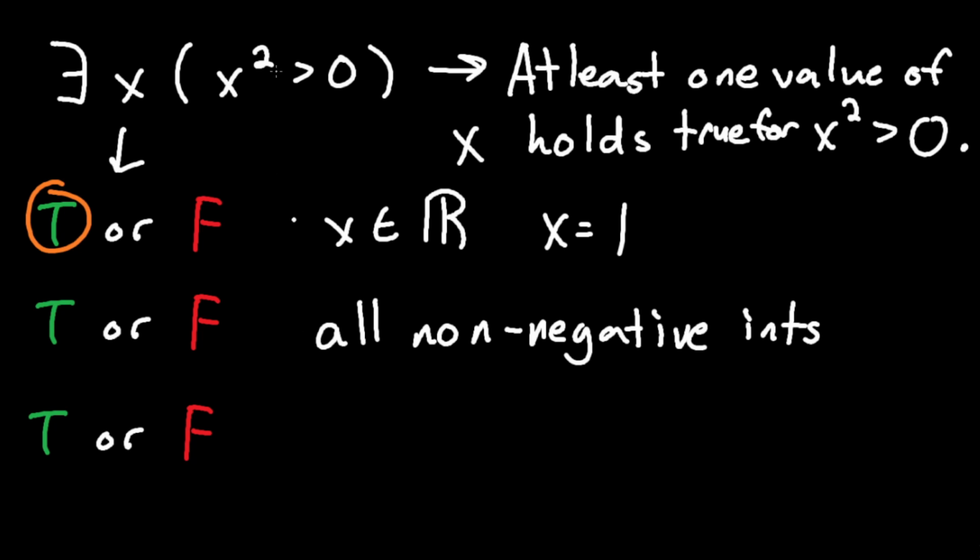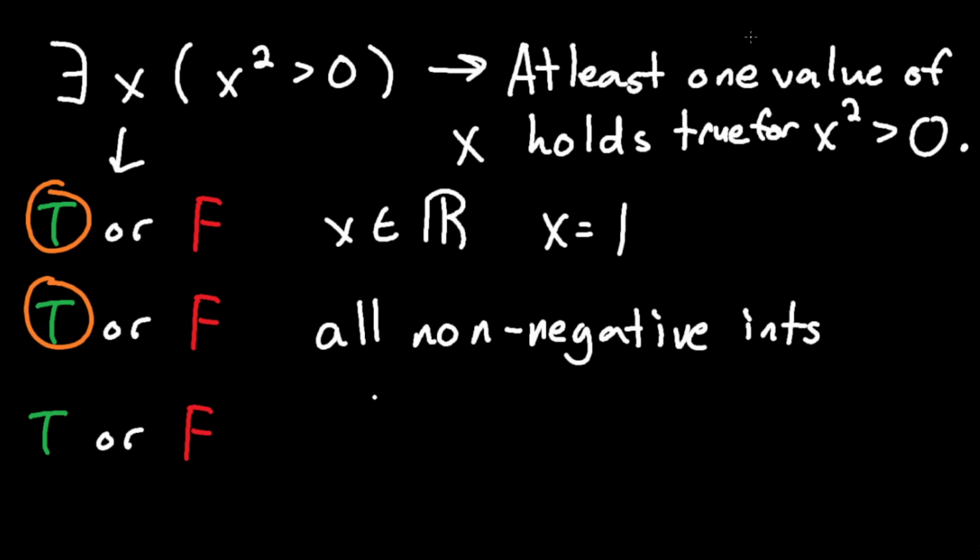But in this case, I just need one value of this guy to be true for this quantifier specifically for the entire thing to be true. So an example of a non-negative integer, as I said, x equals 1. That makes this guy true. 1 squared is greater than 0. So this entire thing is true. I just thought of one singular example for that.